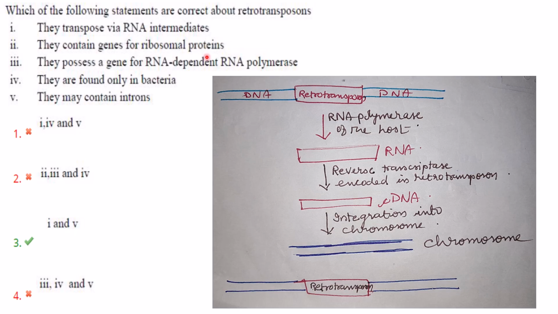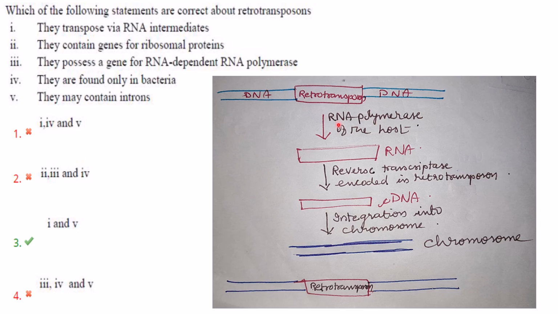They contain genes for ribosomal proteins. They do not contain such genes. They possess a gene for RNA-dependent RNA polymerase. No, they have the reverse transcriptase which converts RNA to DNA. RNA-dependent RNA polymerase synthesizes RNA from an RNA template, and it is found in viruses.